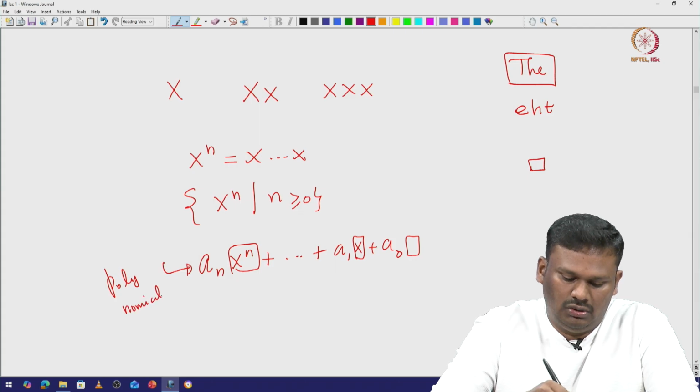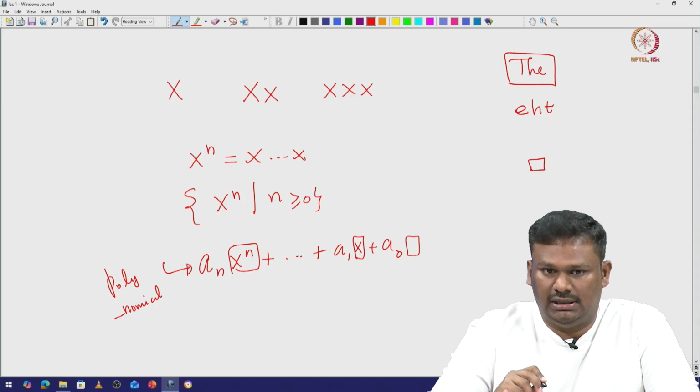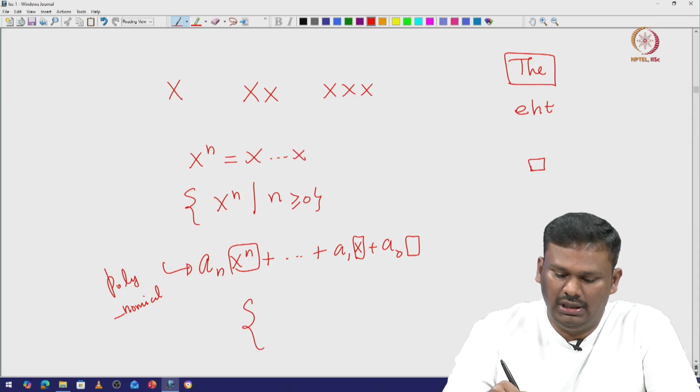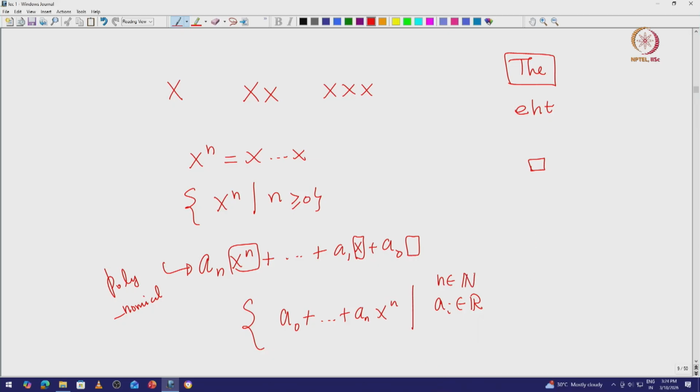So, now what I can do is take all possible polynomials like this, and that is going to be my set. So, I can collect all polynomials of this form, a naught plus etcetera plus a n x power n, where each a i comes from R, and i varies from 0 to n.